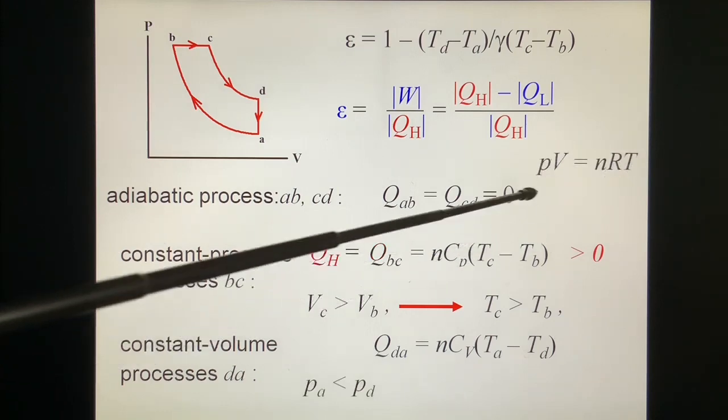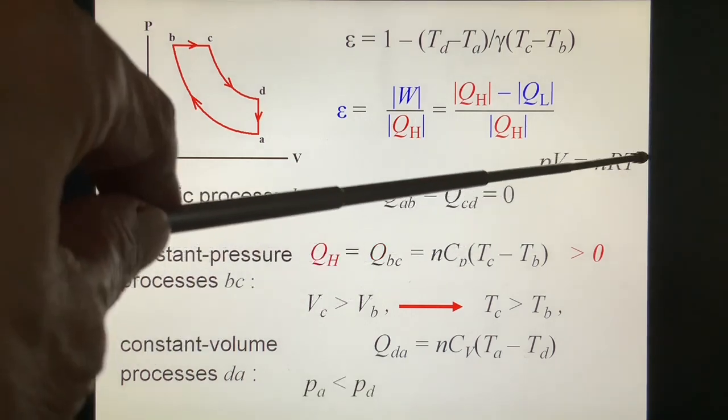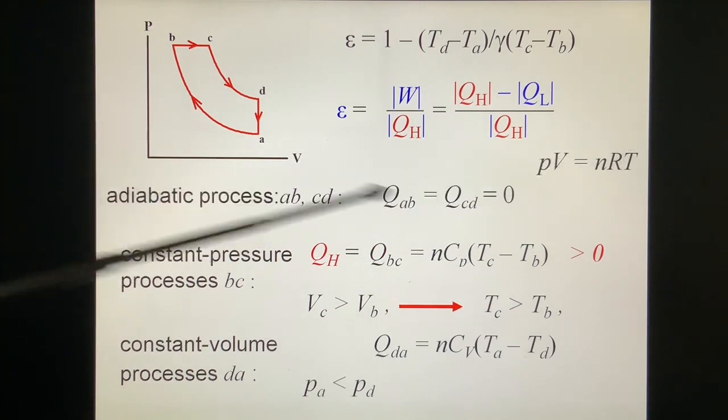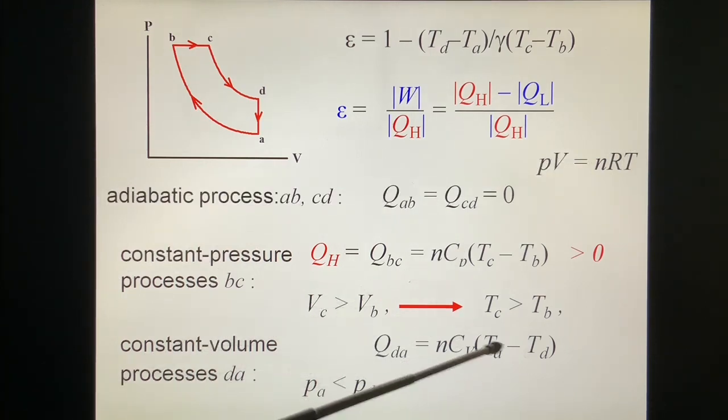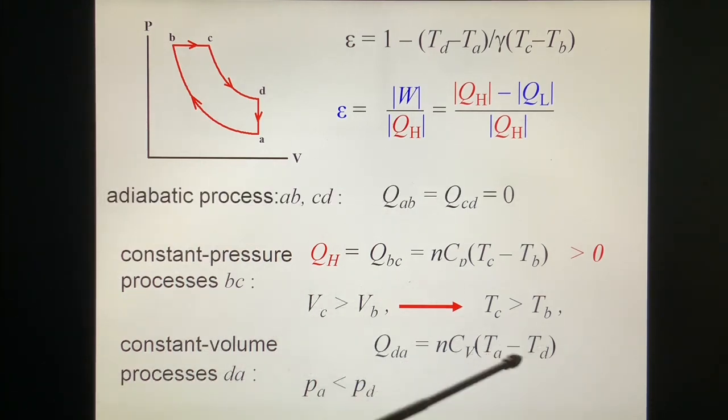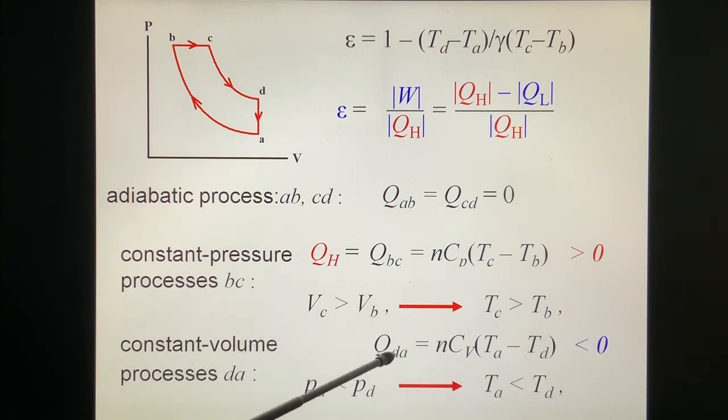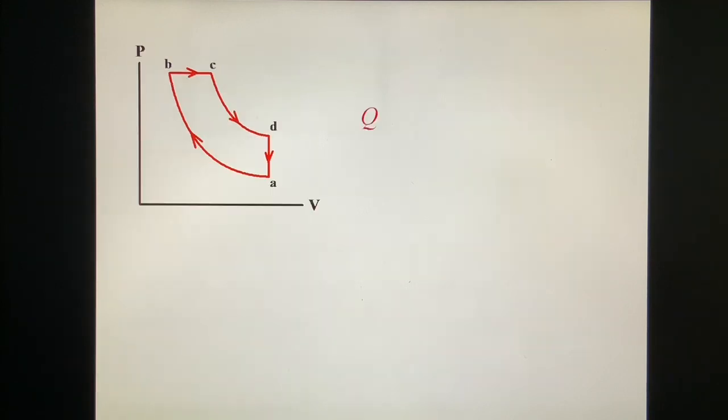And with the same V, P is proportional to T. PA is smaller, so TA is smaller than TD. This term is a negative number, and this is called the Q low. It releases heat.